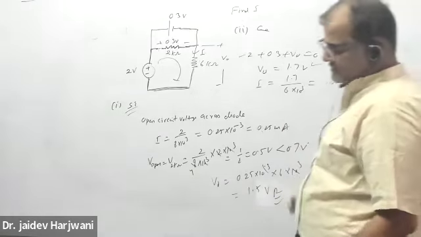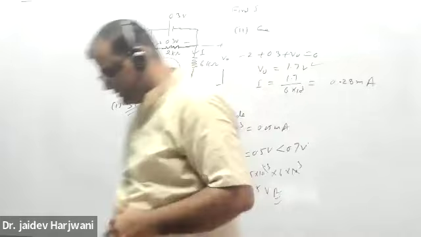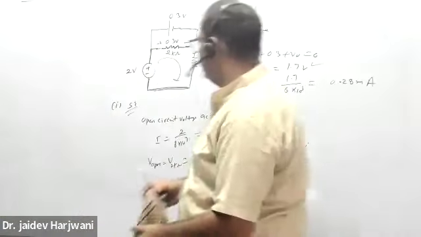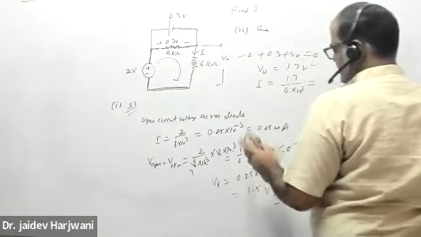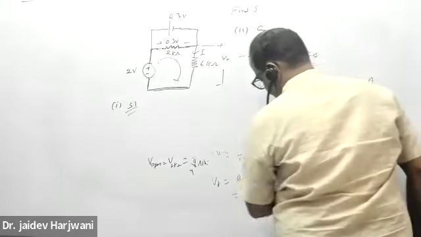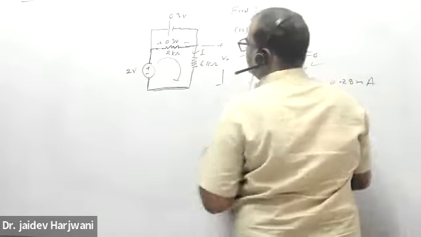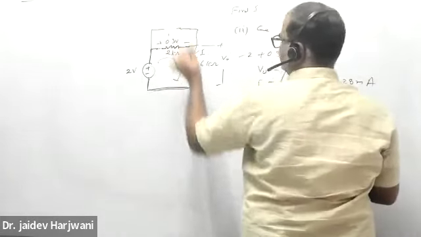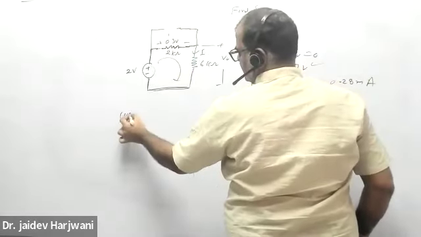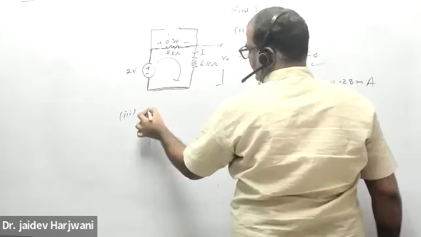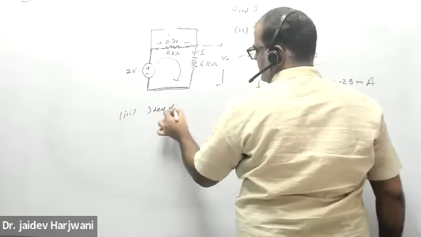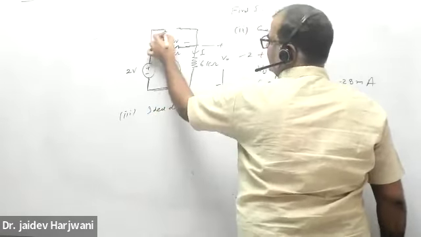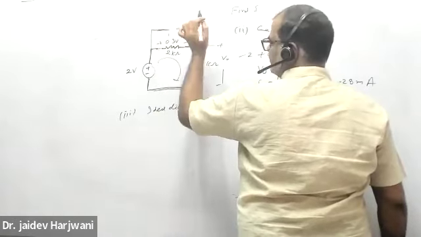Okay. Now the last is the ideal case. If I replace it by an ideal diode, third case, will the diode conduct or not? So the ideal diode will conduct. Will it conduct or cut off?